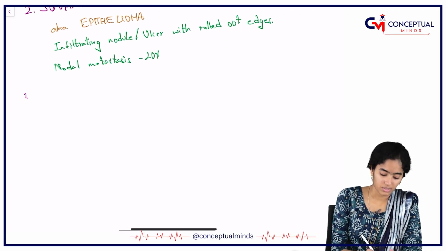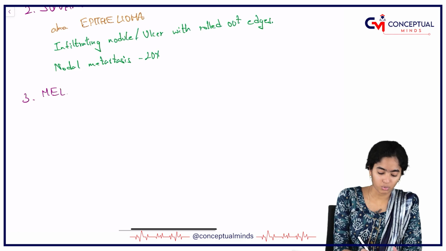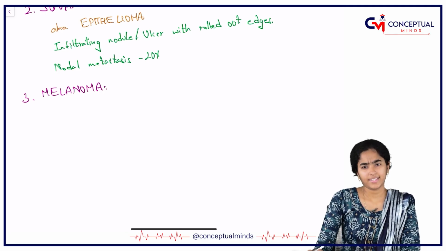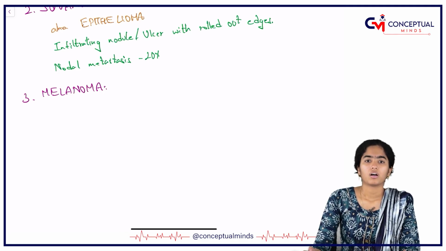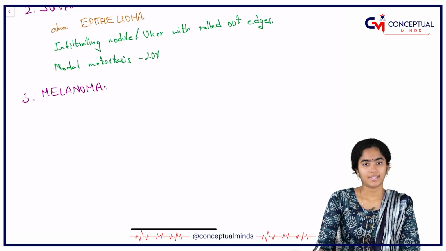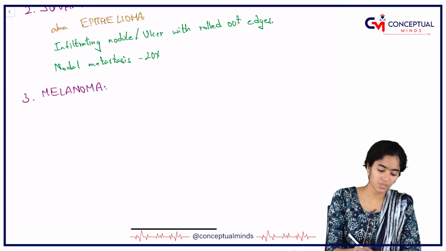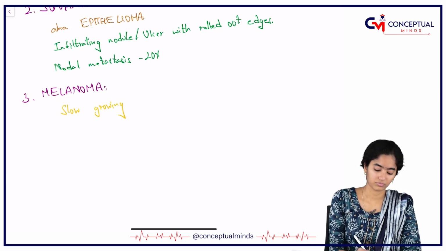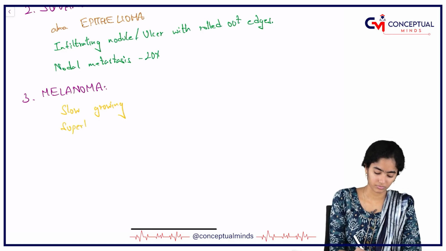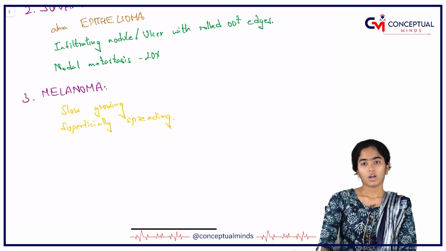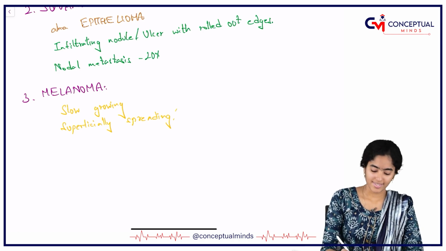Last among this list is a melanoma. It is the least common variety. Clinically, what you see is it is superficially spreading type. Slow growing, superficially spreading. Or it can be nodular invasive type also.